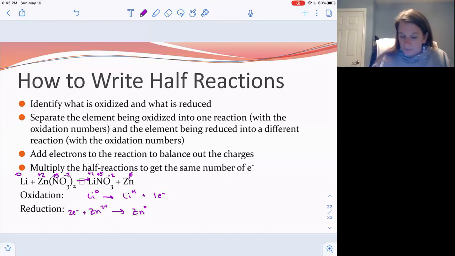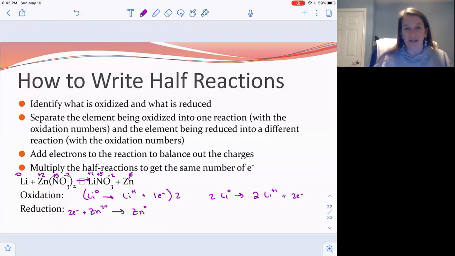And so we have to multiply that oxidation half reaction by 2 in order to balance out those electrons. So now we've got 2 lithiums making 2 lithium ions and 2 electrons.